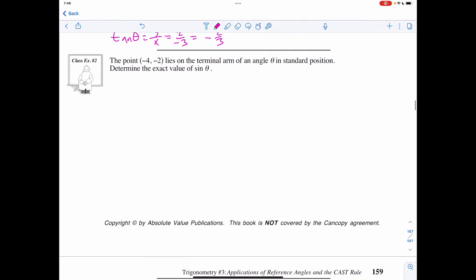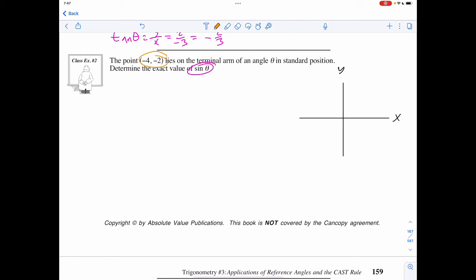For example 2, it says the point of negative 4, negative 2 lies on the terminal arm of the angle in standard position. Determine the exact value of sine of the angle. So I'm going to start by drawing what this looks like. There's my y, there's my x.